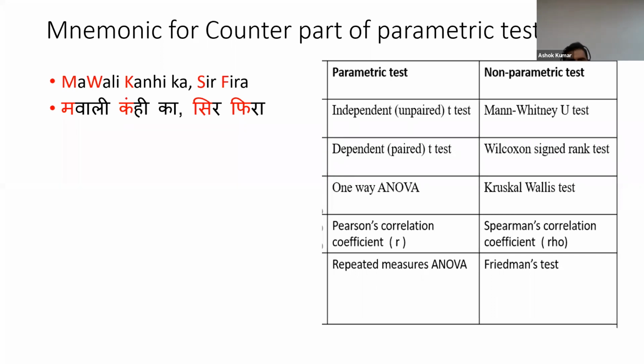W, for the dependent t-test, the counterpart is the Wilcoxon signed rank test. K, one-way ANOVA, K, Kruskal-Wallis test. S, Pearson correlation coefficient, S, Spearman rank correlation coefficient. And F, that is Friedman, the counterpart of repeated measures ANOVA. So Mawali Kahinka Sirfira.